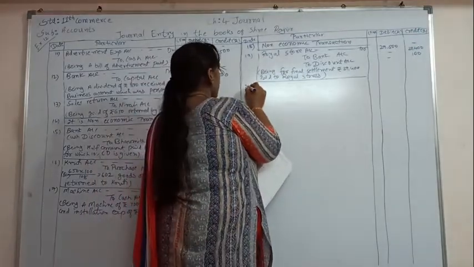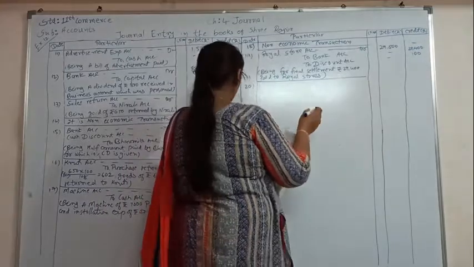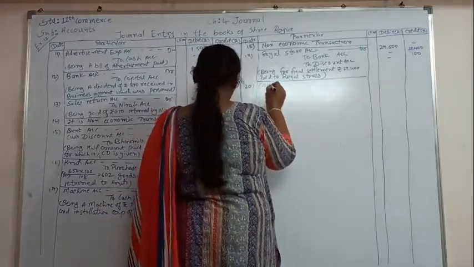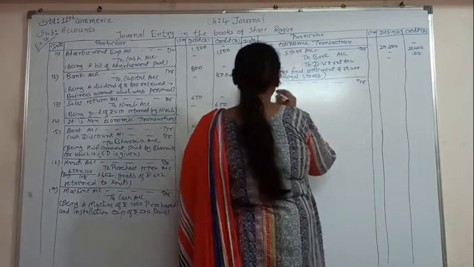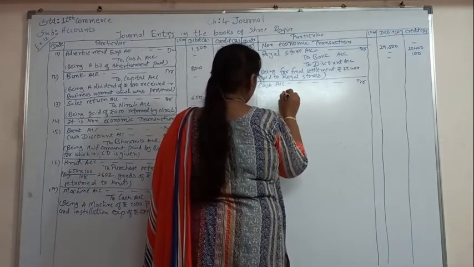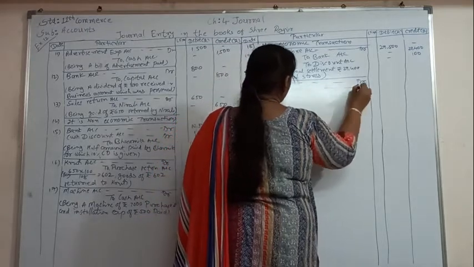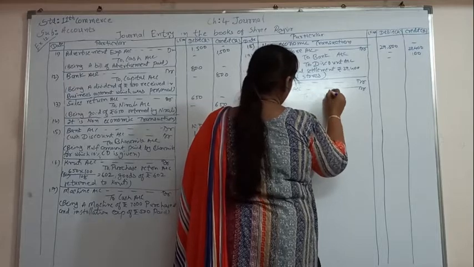So from that she has paid only 7,400. So here cash account debit, here discount account debit, to Nirali account.